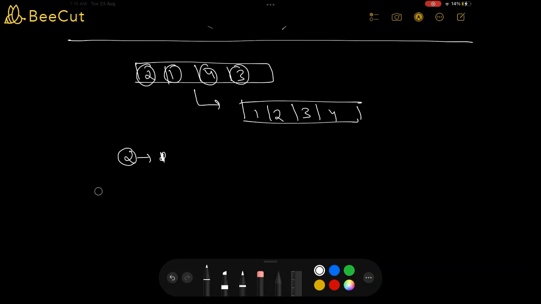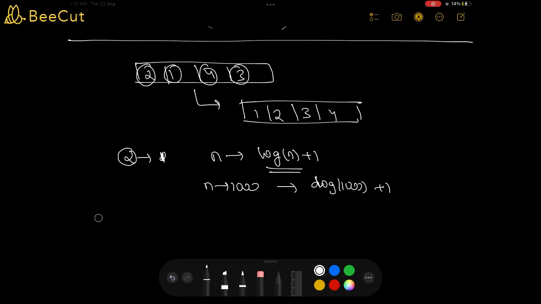Similarly, if I have a number n, then the number of digits would be log of n plus 1. For example, if n is 1000, the number of digits is log of 1000 plus 1, that is 4. You can do this with any number and you will reach the same conclusion that the number of digits in any number is log of n plus 1.